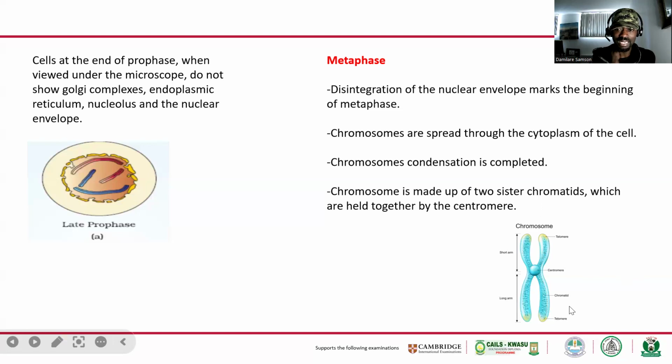That point where they are held together is called the centromere. If you look at this diagram, you will see this is a chromatid, another chromatid, and they join together at the centromere. Then we call them the chromosome. Okay, thank you.